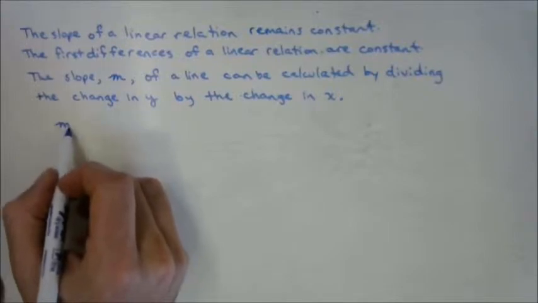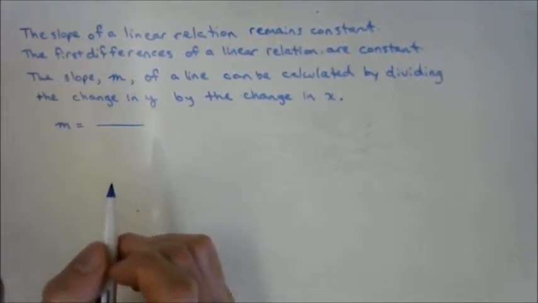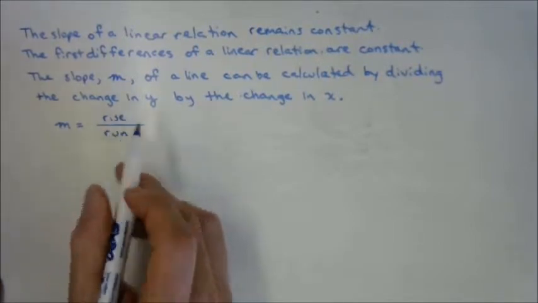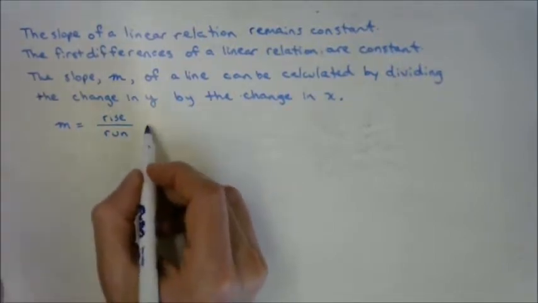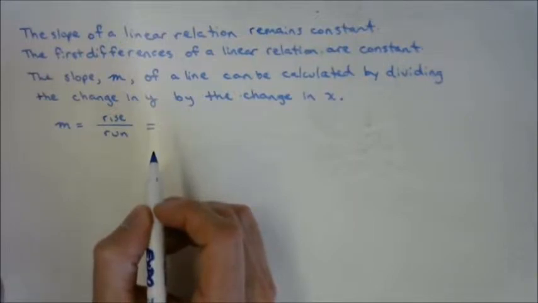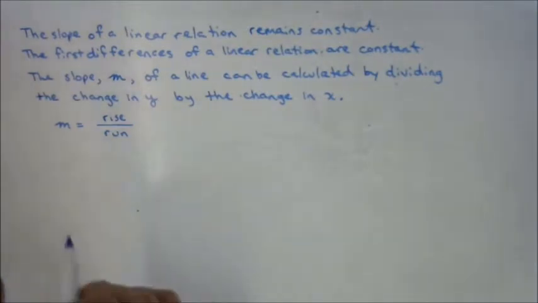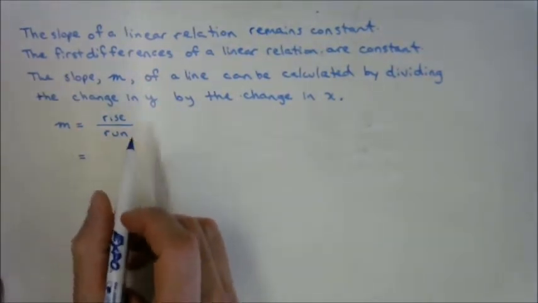So you should have some space to do this. Our formula: m equals what? Rise over run, which equals... we'll work down and draw a little graph over here. What were the other words that we used up above?